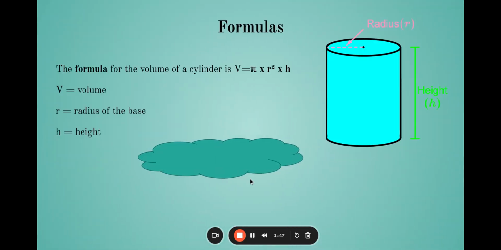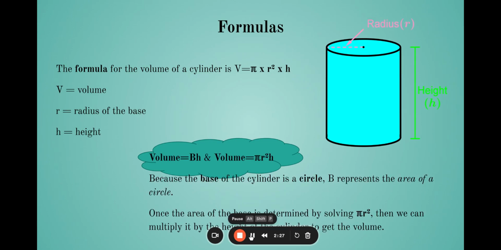In today's lesson, I'll introduce to you the formula of a cylinder, and that is pi times radius squared times height. At times, you may see the formula of a cylinder written as big B times height. And big B stands for the area of the base.